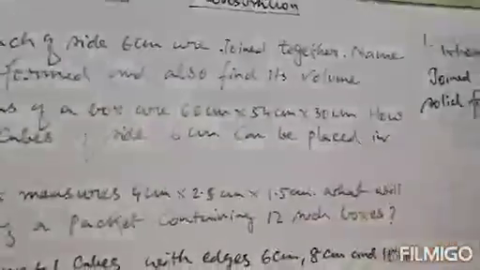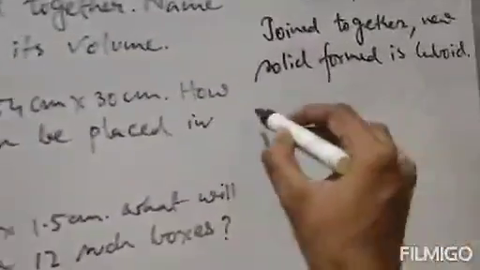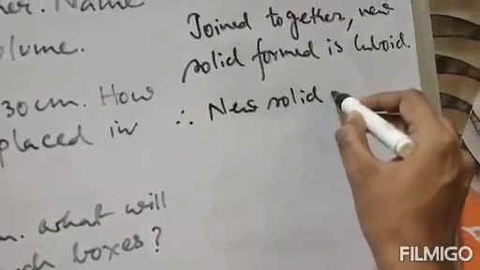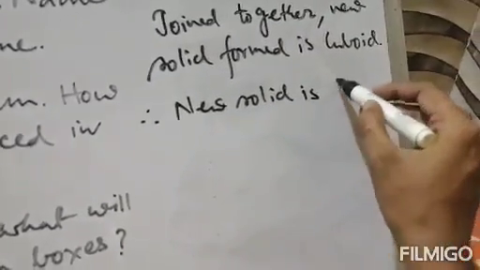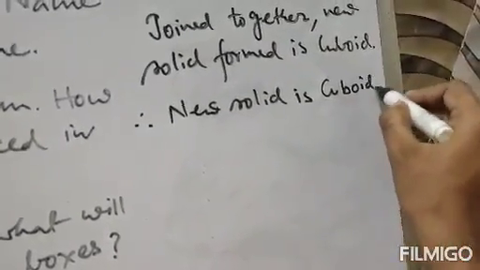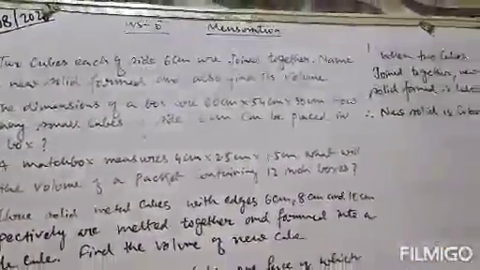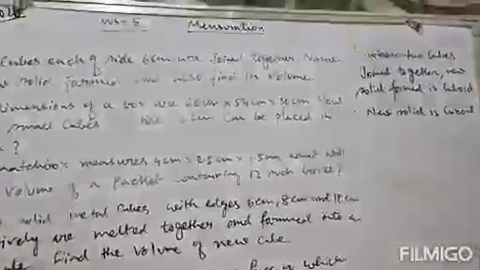So here the new solid will be cuboid, as two cubes are joined together. Therefore, new solid is cuboid. That is the answer of the first part of this question. Next, we have to find the volume. So we will find the volume of cube.